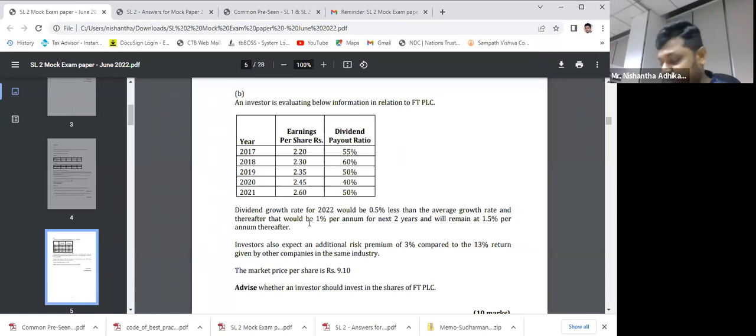That means what you have to do: you have to calculate the dividend growth rate.